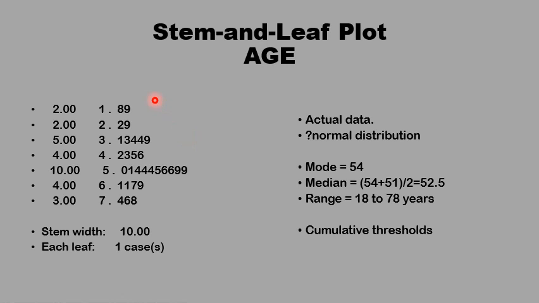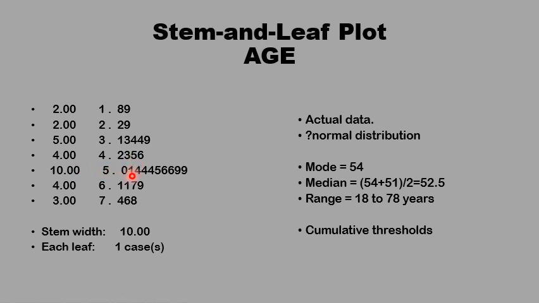Because the set of data here is 30, to find the midpoint it's somewhere between the number 15 and the number 16 rank. So you find out where is the number 15 rank. You have 2 patients at 10 plus, another 2 at 20 plus, that's 4 patients so far, and then 5 at 30 plus, so that's 9, and then 4 at the 40 plus, that's 13, and then you count 2 from the 50 plus, so that's 51.